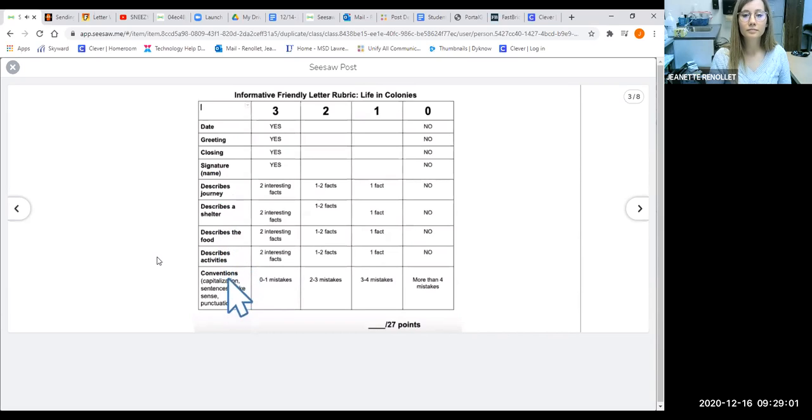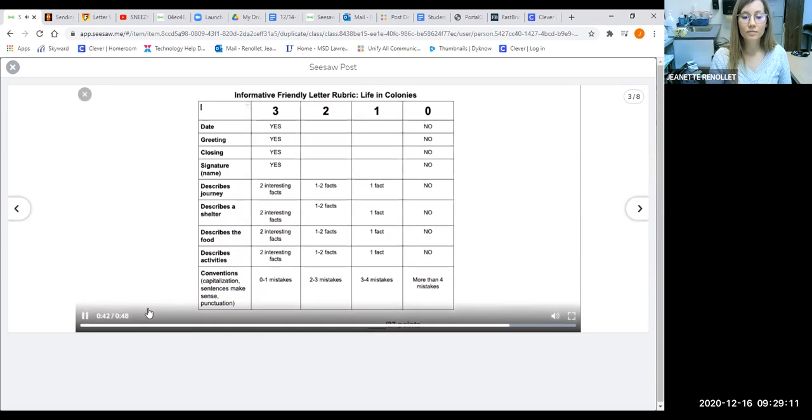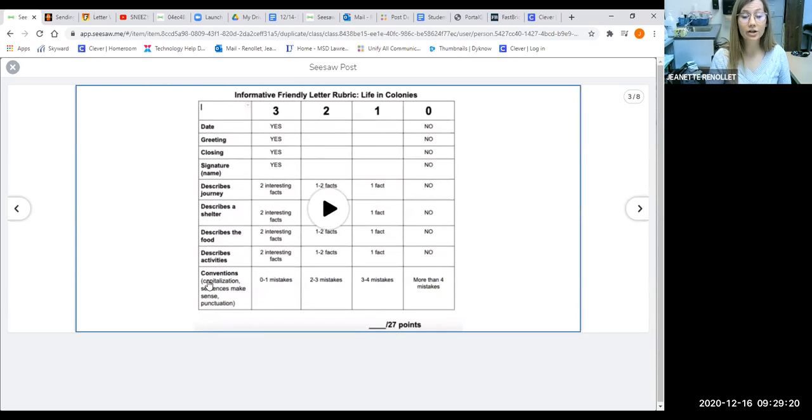You will also get points for correct capitalization, punctuation, and spelling. It is worth a total of 27 points. When your letter is finished, I am going to use this rubric to grade your letter. So when I see Day's letter, I'm going to see, does Day have the date? Yes or no?